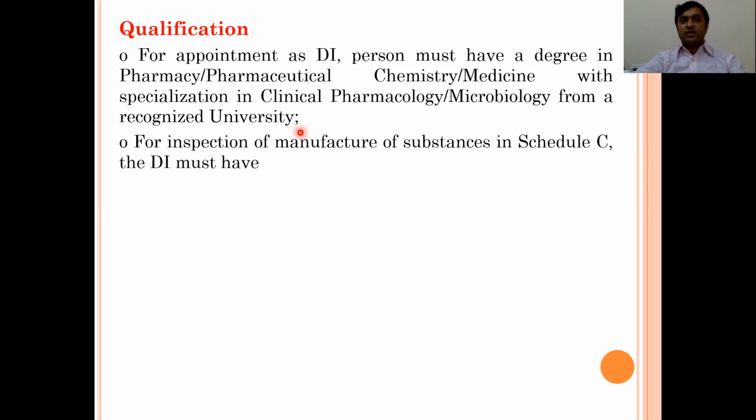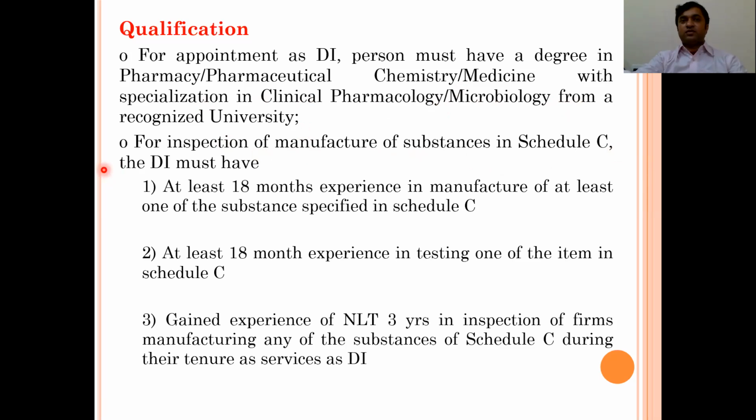Next, for inspection of manufacture of substances in Schedule C, the drug inspector must have 3 things. At least 18 months experience in manufacture of at least one of the substances specified in Schedule C. Next, 18 months experience in testing one of the items in Schedule C. One is in manufacturing, the other is in testing.